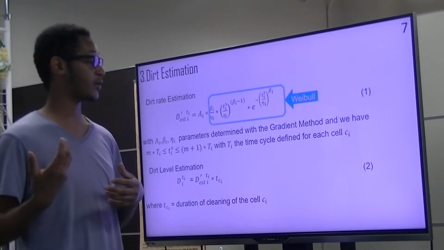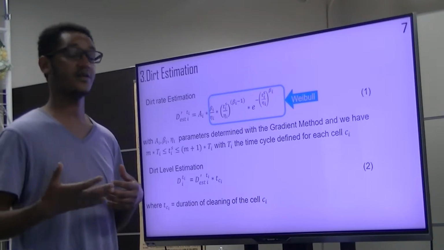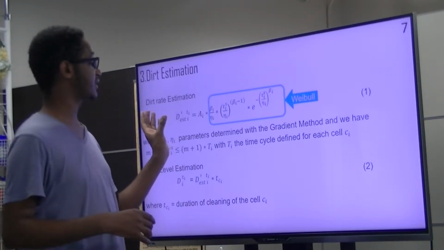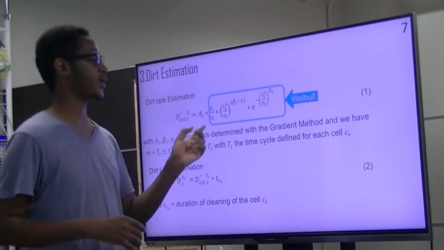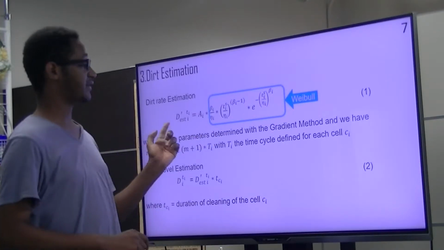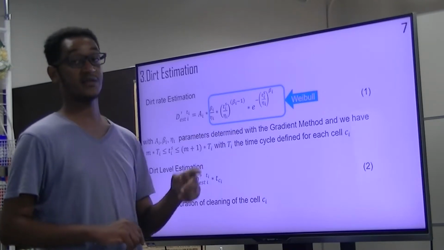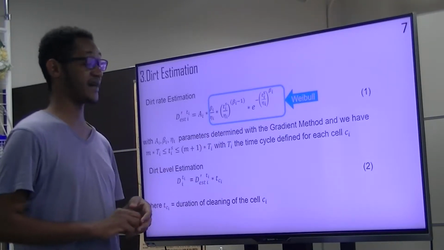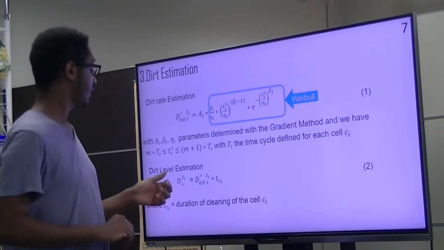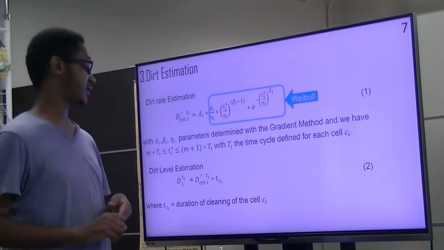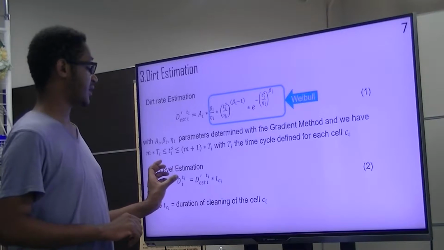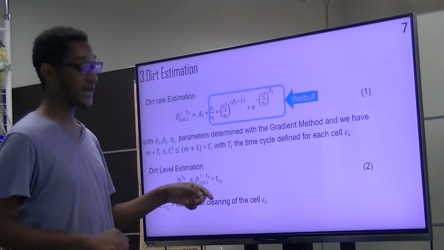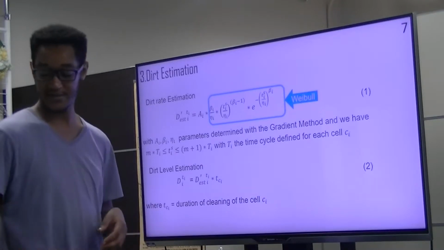What is the rate at which the dirt is changing in the room? So that dirt rate is estimated using a variable distribution, and the parameters are estimated using a gradient method and the data that we have gathered during our experiments. To estimate our dirt level, we suppose that it is a function of the dirt rate and the time of cleaning of a cell.